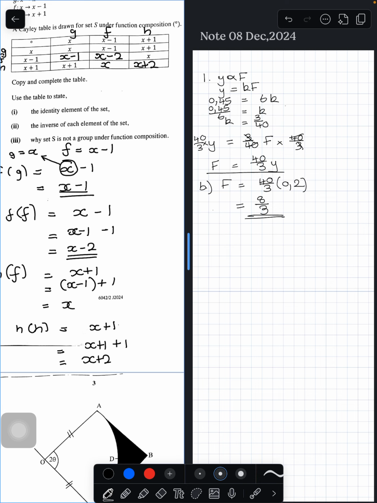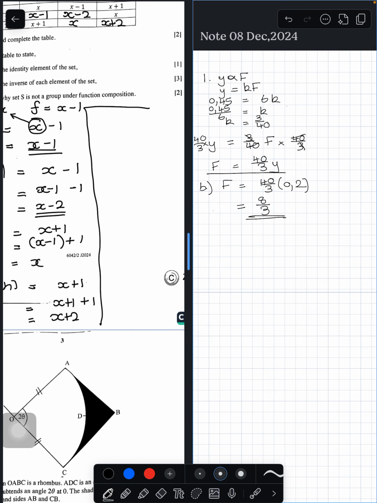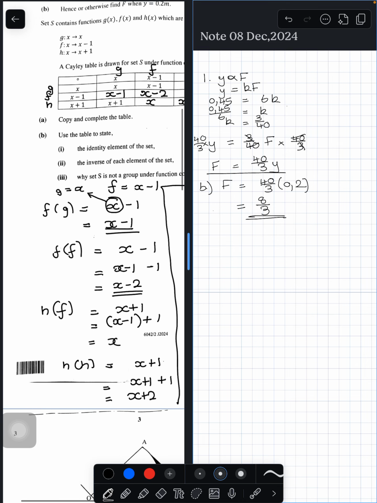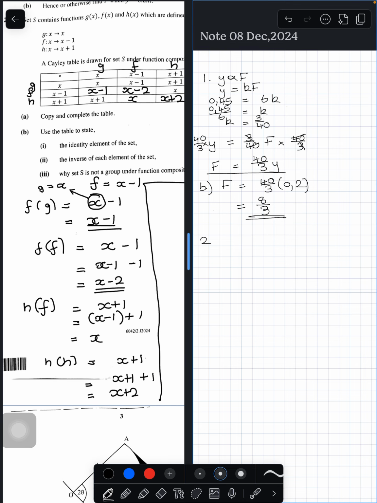Then to use the table to find the identity element. The identity element respects the following. Let me use the next page actually. We're at number 2b, item 1.